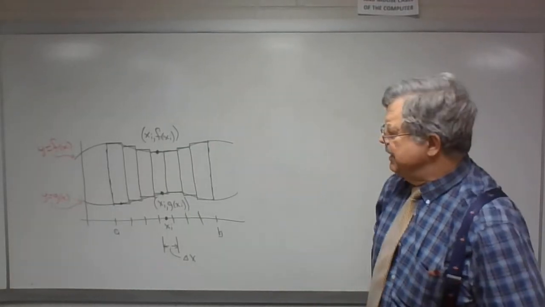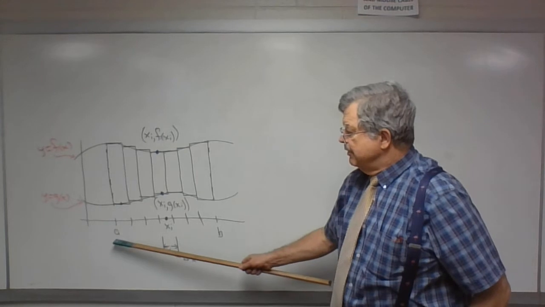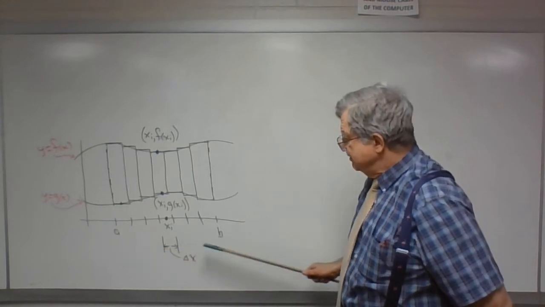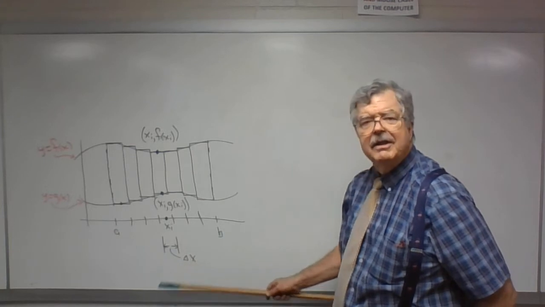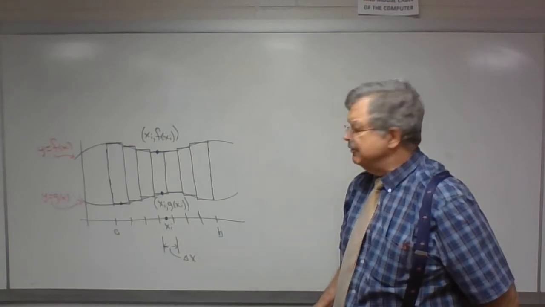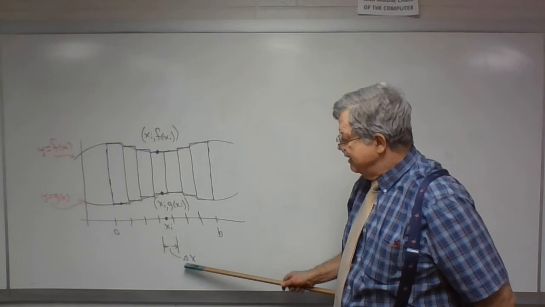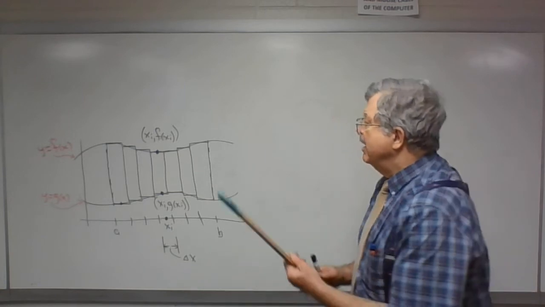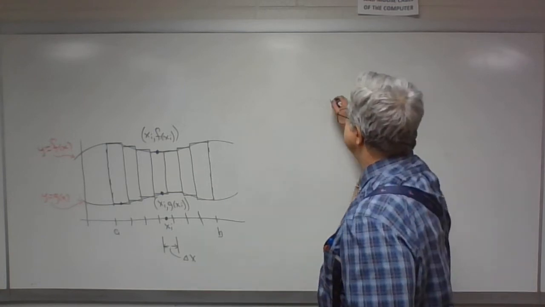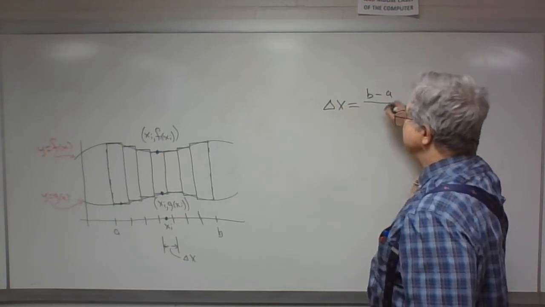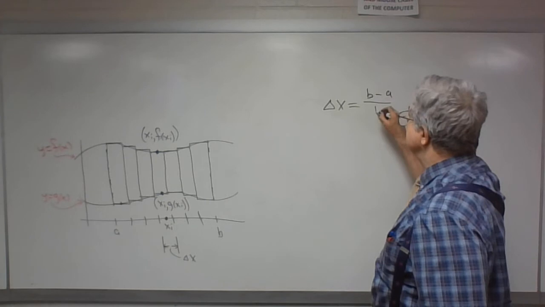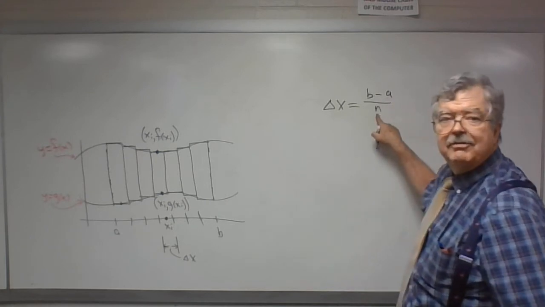So here's what we did. We took the interval from x equal a to x equal b, and we partitioned it into n subintervals of equal length, delta x. And if you remember, delta x equals the length of the interval from a to b divided by the number of subintervals n.